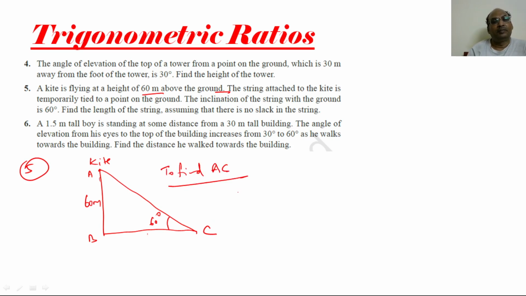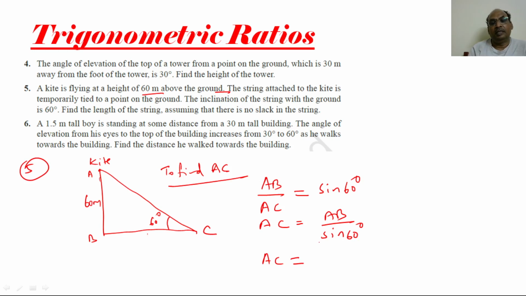Okay, so we know that AB by AC is equal to what? AB is perpendicular, so it is sine 60 degree. So AC is equal to AB by sine 60 degree. AB is already given 60 meter divided by sine 60, which is root 3 by 2.